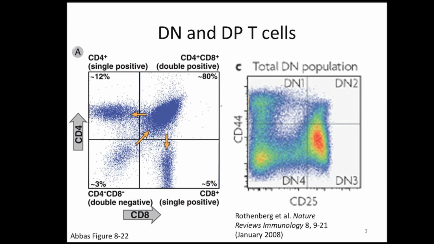The double negatives become double positives. So double negative is the earliest T cell in development. Double positive comes next. And then the cells sort of branch out to either become CD4 or CD8. And you can see those arrows branching out here. So double negatives are first, double positives are second, and then either type of single positive is third.